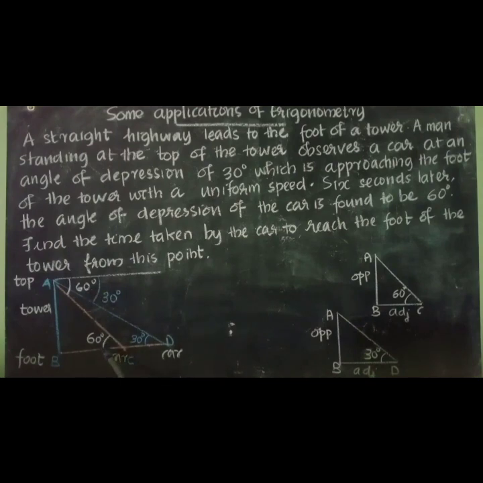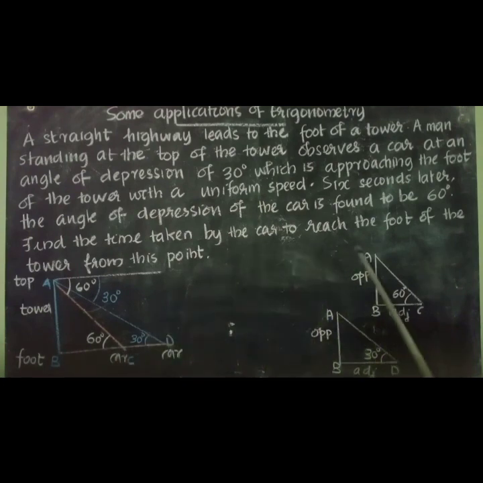So here we can mark angle of elevation also 60 degree. CD is the distance covered by the car in 6 seconds. So here I have marked points A, here B, here C and D.